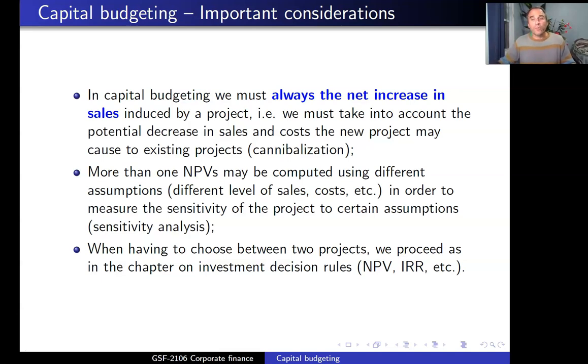So we take the project with the highest net present value, or the project with the highest internal rate of return, or we compare both projects, big minus small, and compute the internal rate of return of the incremental cash flow of the large project over the small one, and check if the internal rate of return is larger than the company's cost of capital.